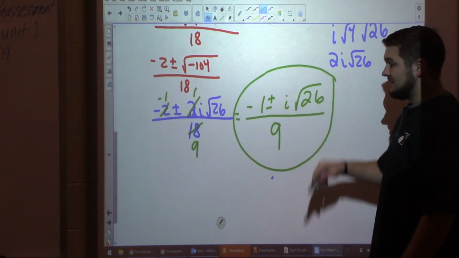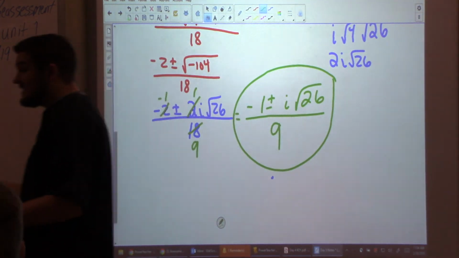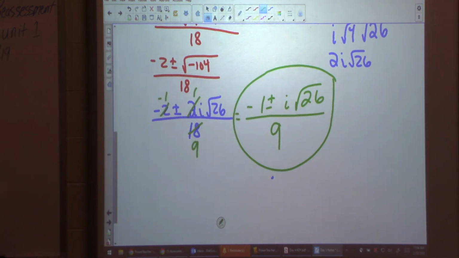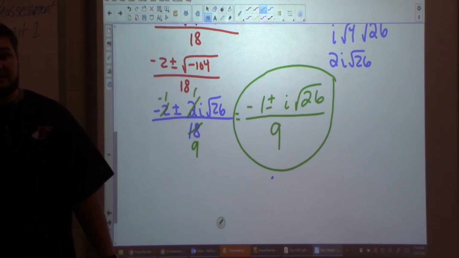That's my answer. That's as simplified as it gets. So sometimes this quadratic formula is going to give us some ugly numbers. That's perfectly okay. So simplify as much as you can, and that's your answer. Any questions on that?